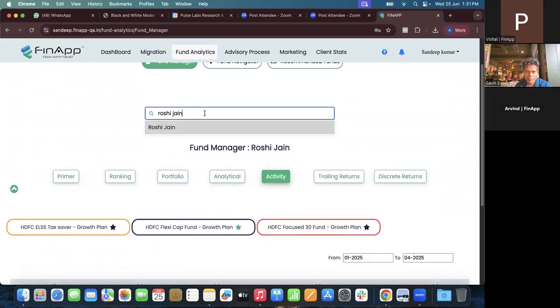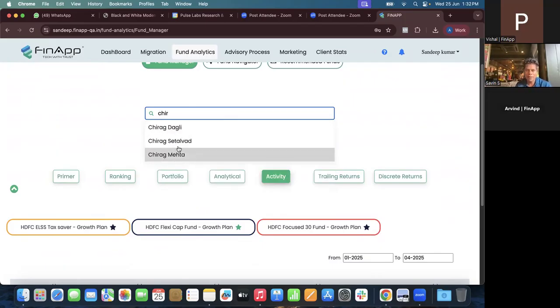So you can pick up any fund manager which you like. Within this HDFC only, no? No, you pick up any fund manager. You tell me any fund manager. Chirag. He is also from HDFC only, no?